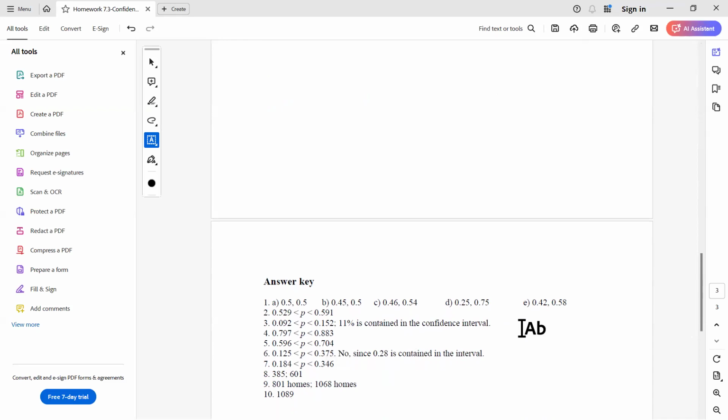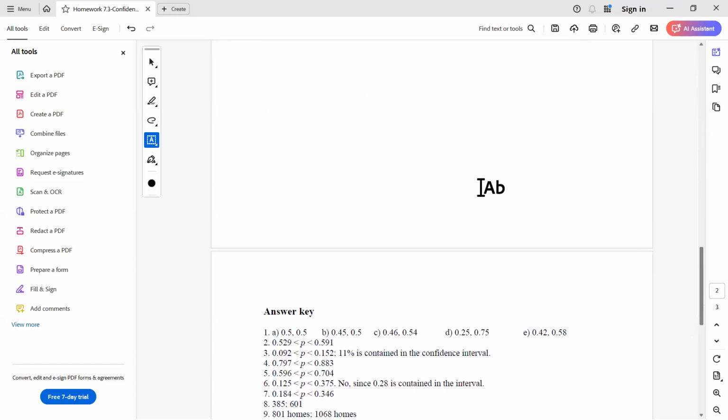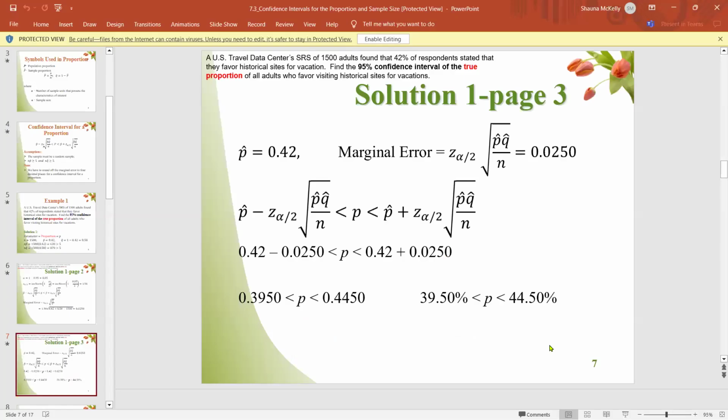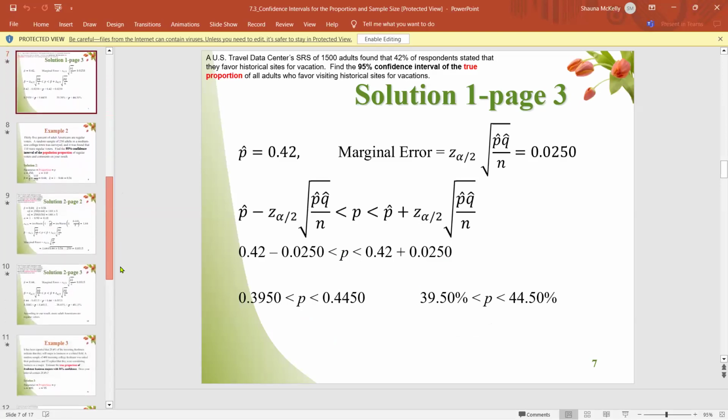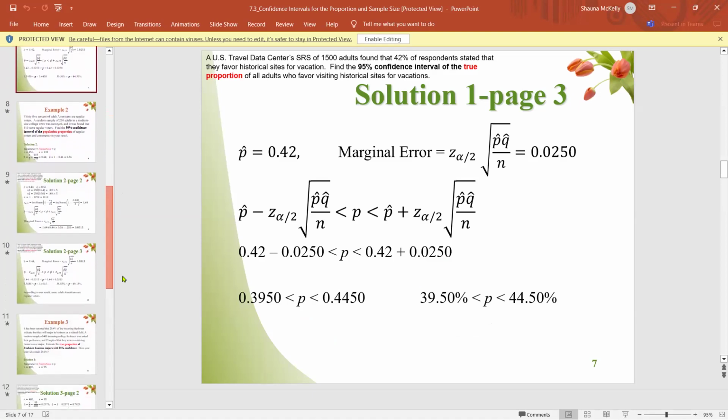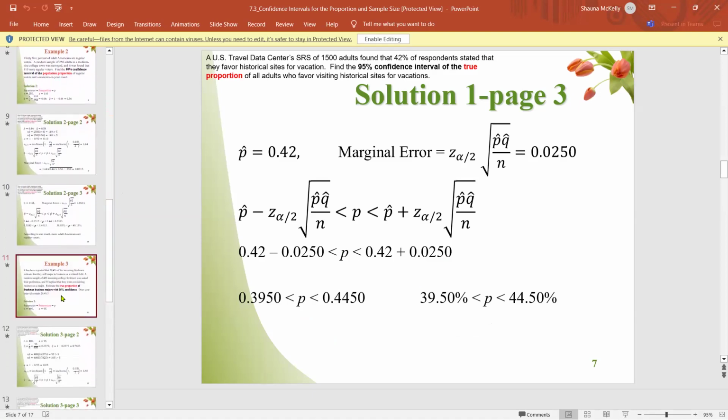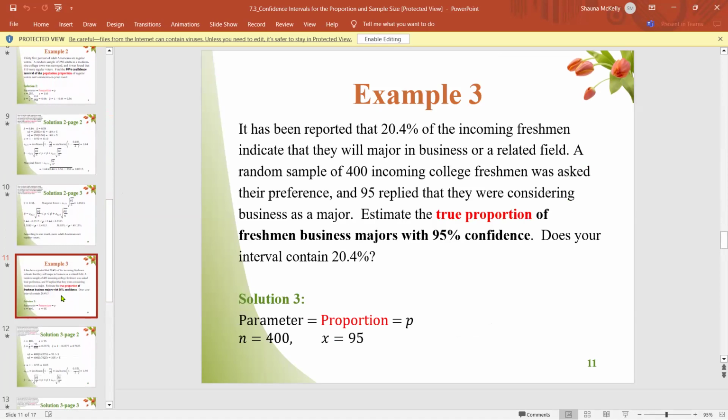Now, the other concept that's in this section is the sample size, the minimum sample size that we need, just like we had for the mean. The formula is different, but the situation is the same.